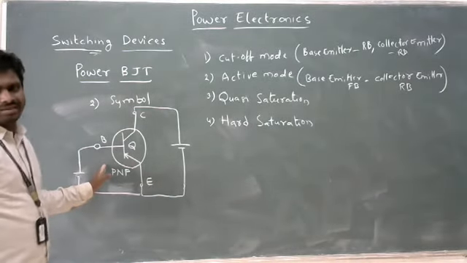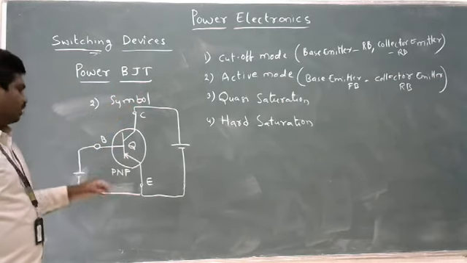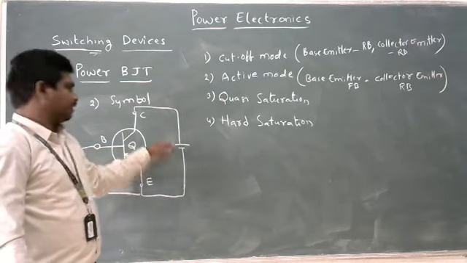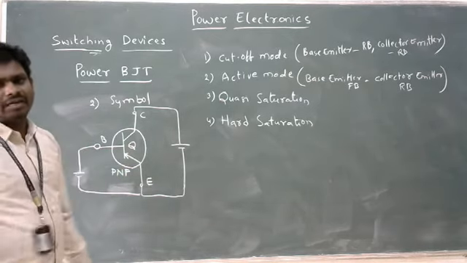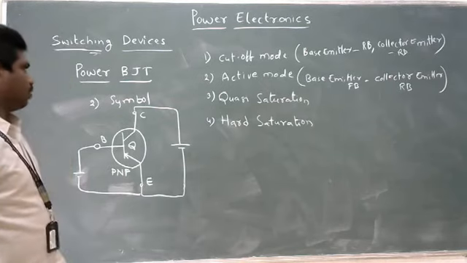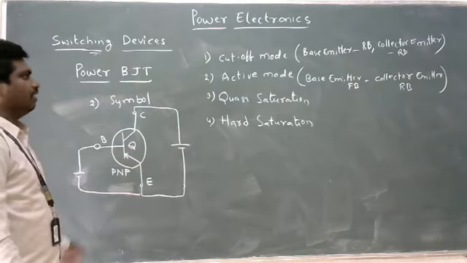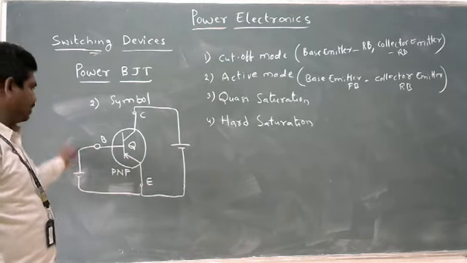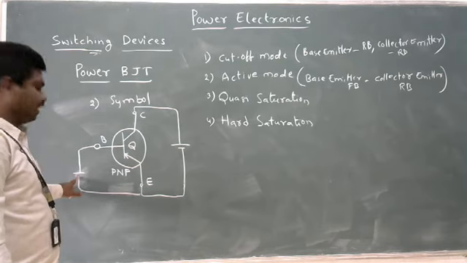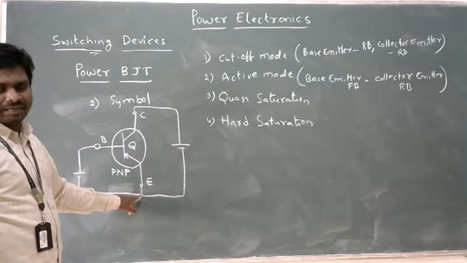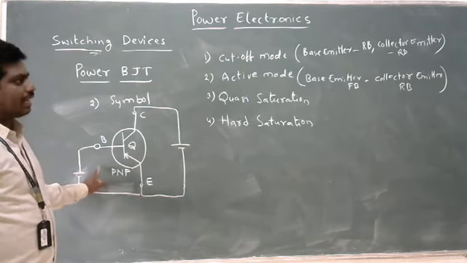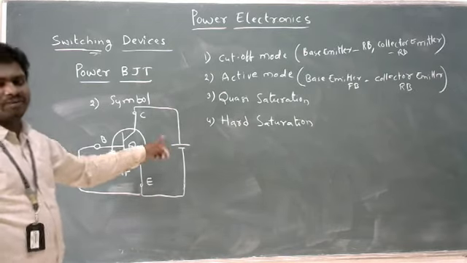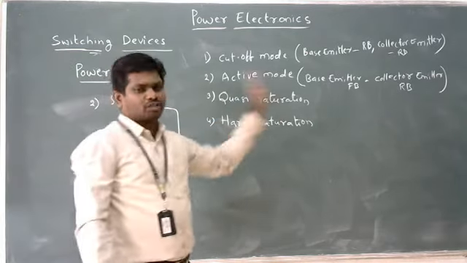In the cutoff mode, we interchange the polarities of the supply on either side to make the device reverse biased. When you go for the active mode, the base emitter junction must be in forward bias, meaning the positive of the battery is connected to the base of the device, and the negative of the battery is connected to the emitter. When you make the connection like this, we call it forward bias condition. When you reverse the battery connection, we say reverse bias condition.